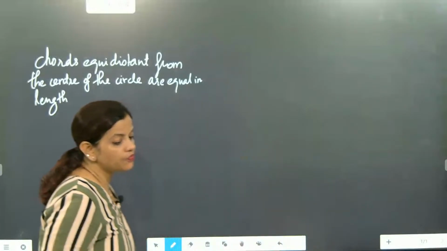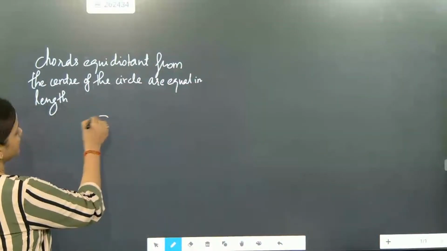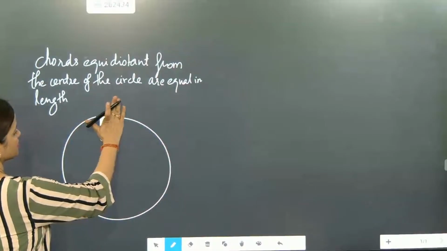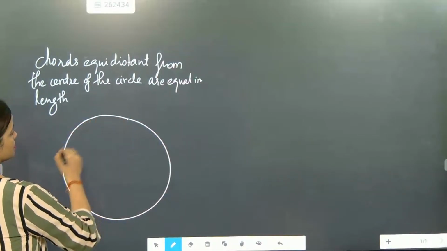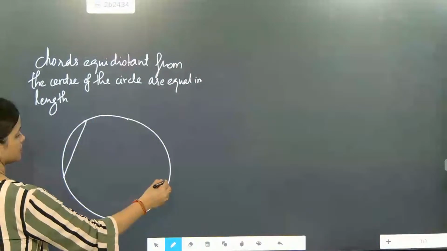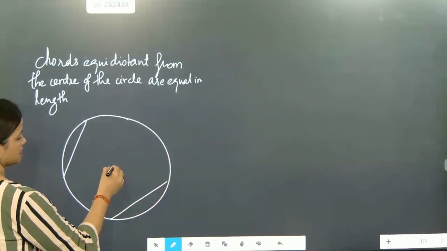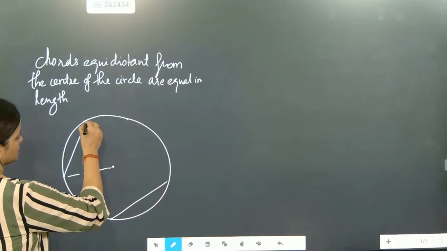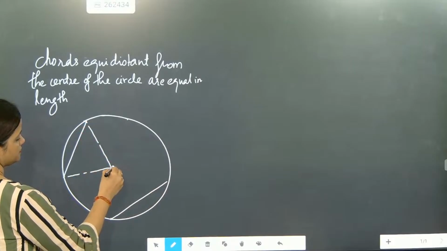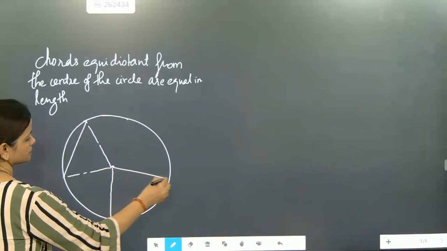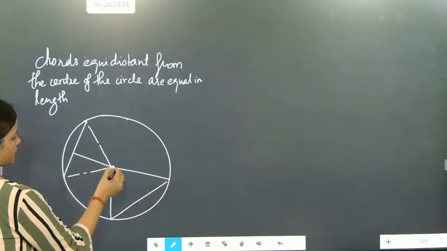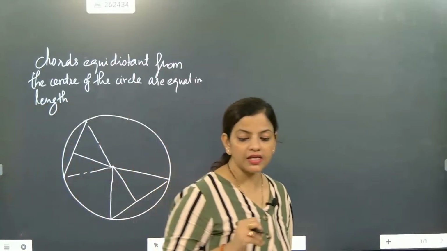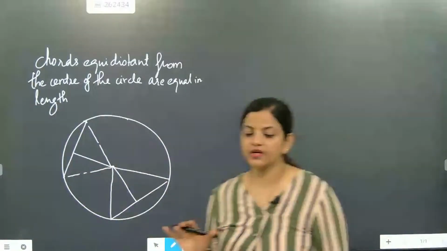So that means what we have to prove, beta, is this: this is a circle and here two chords are there. They are equidistant from the center. What does this mean?